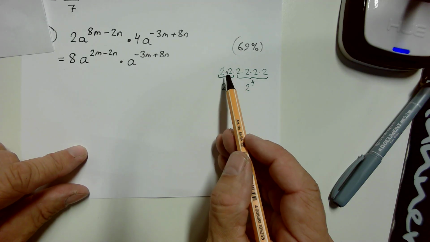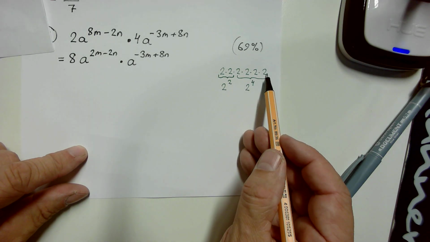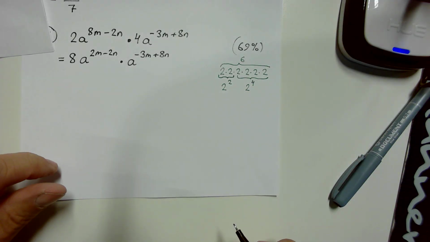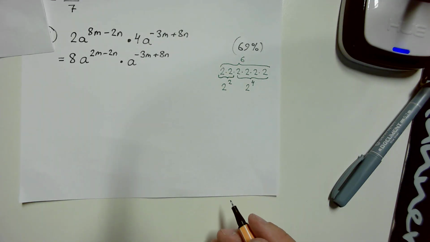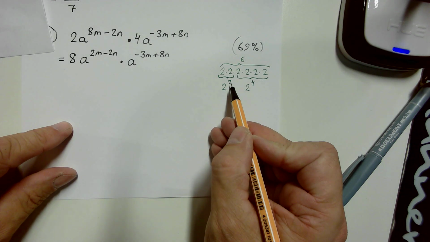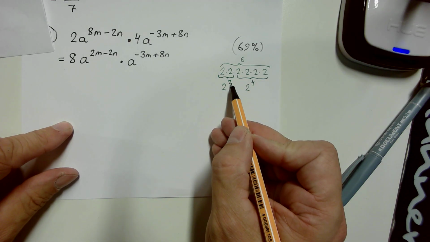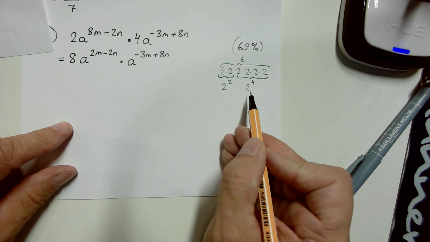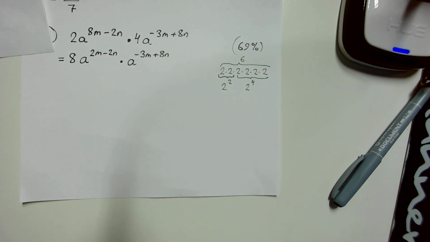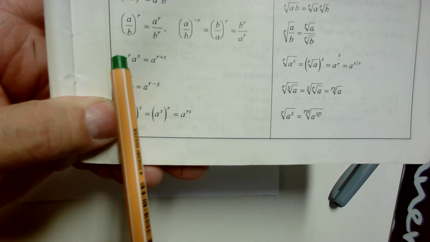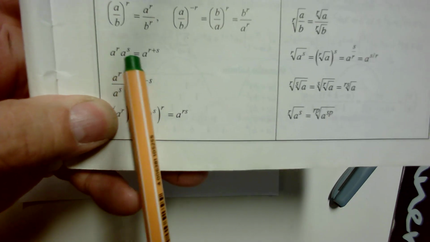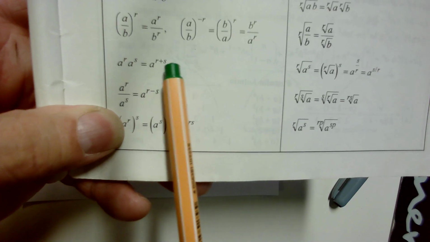Totally we have 1, 2, 3, 4, 5, 6 number 2's there. So in this simple example we can see that if we add these exponents, 2 plus 4, we get 6. So this rule holds, as is told here, that we may add those exponents together, so we get the sum there.